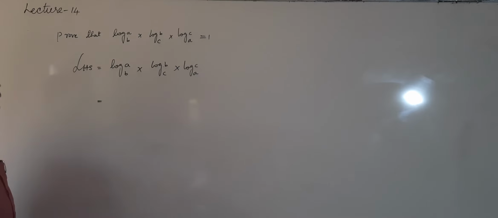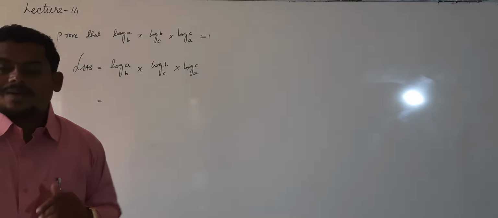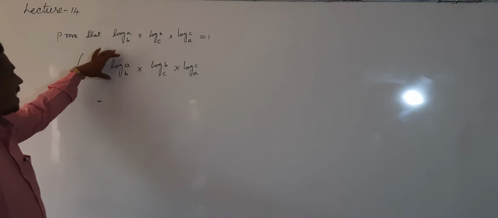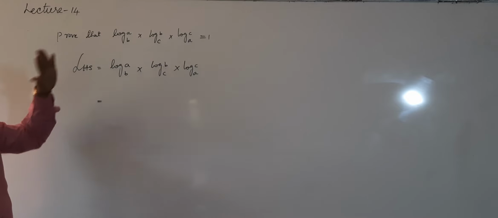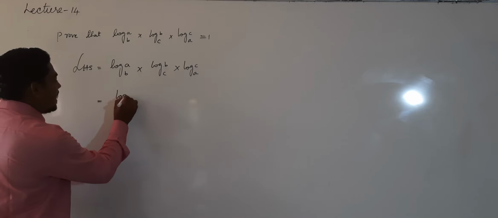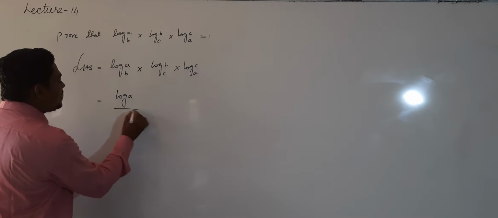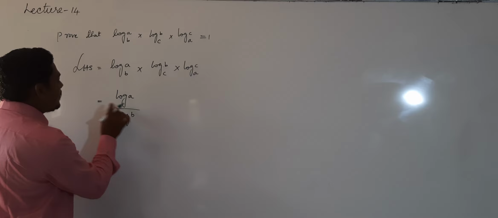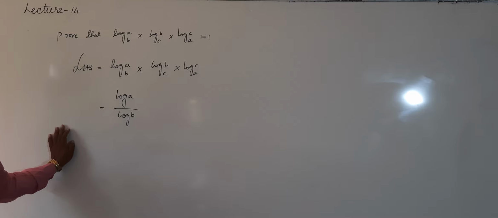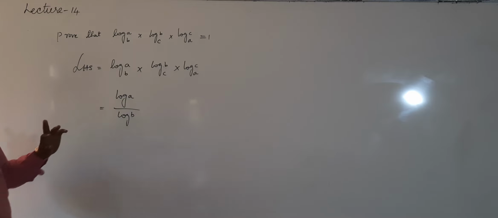Now, we have one property, the change of base theorem. We can write log a to the base b as log a divided by log b, of the same base. No need to write the same base.